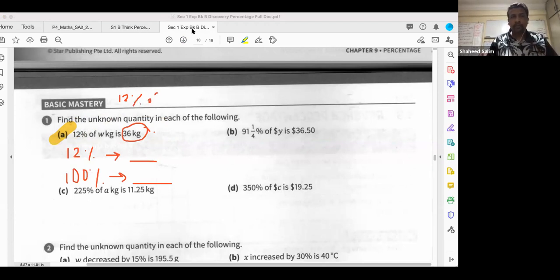Off means times, right? 12% times total weight. W is total weight lah. Total is equal to 36. So 12% is 36 kg. So they ask you what is 100%.